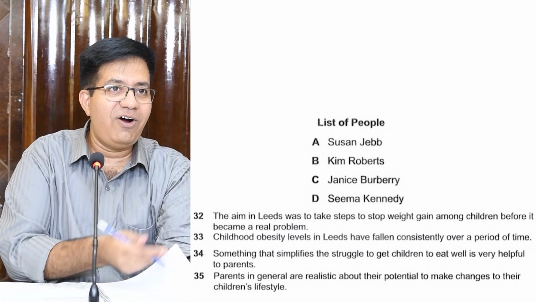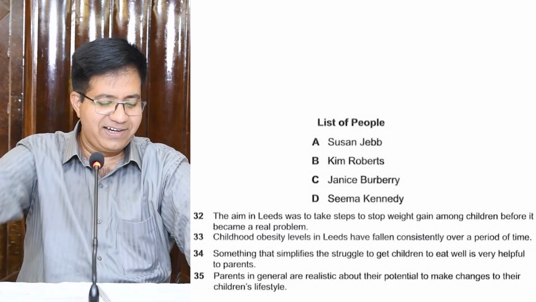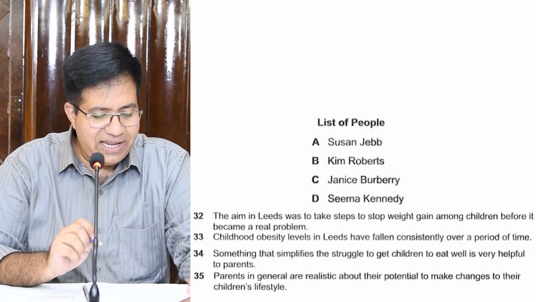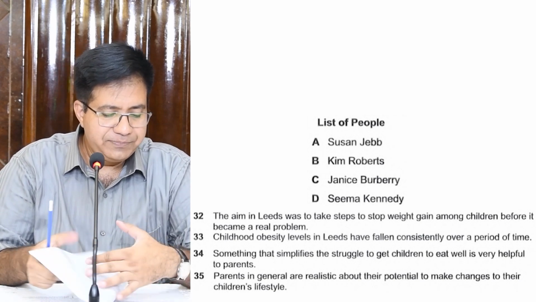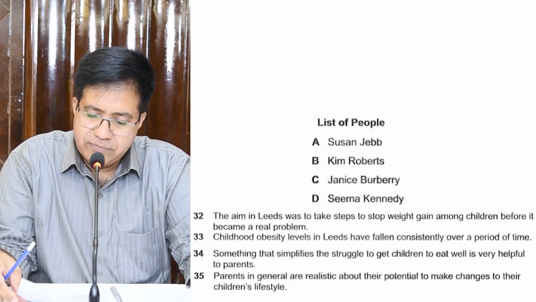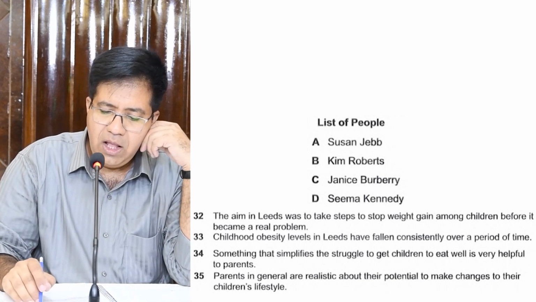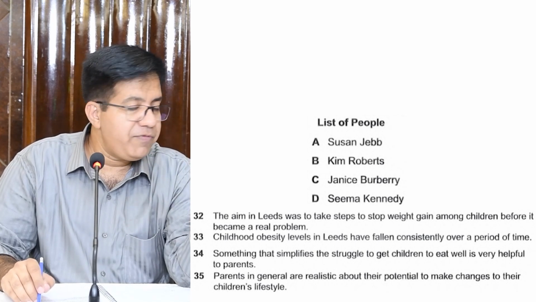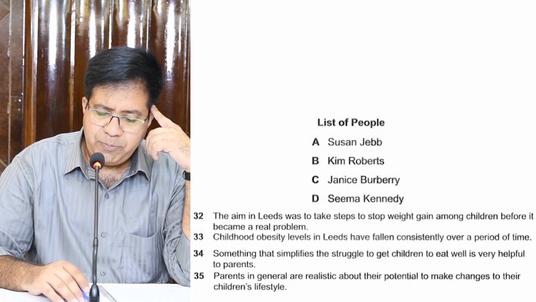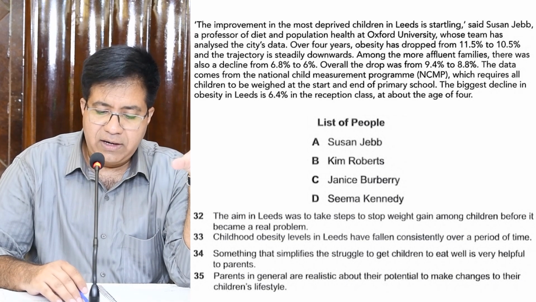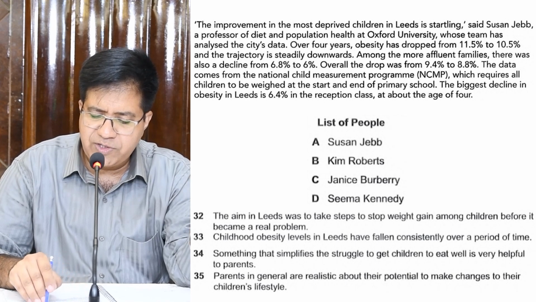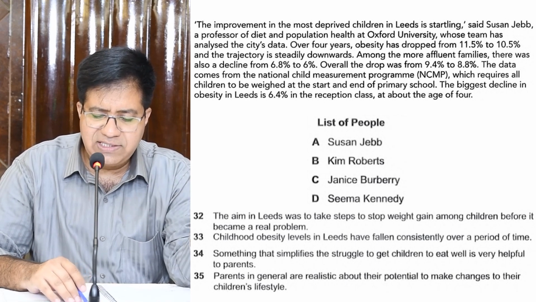So now these are 4 locations where you have to search for your answers. At least, we've got someone local. Baji Seema is there, so we are happy to know about her. Anyways, now let's go to Susan Jebb. We read it already, by the way. Susan Jebb, professor of diet and population health, Oxford University, whose team has analyzed the city's data.